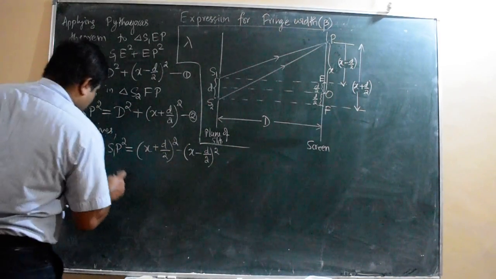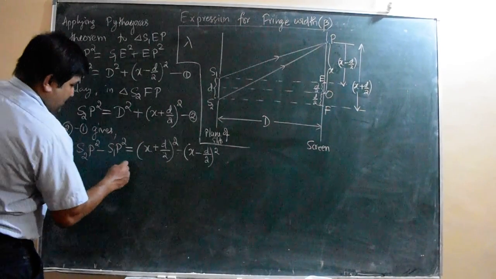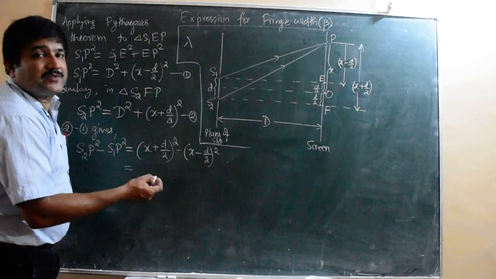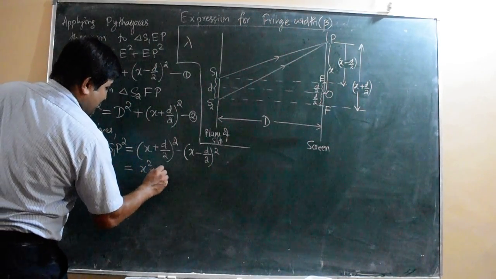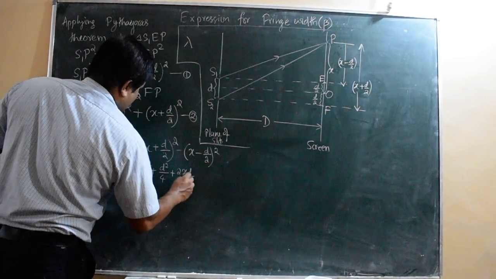Now we have to simplify this part. Can we expand this? We can use the a plus b whole square formula: x square plus d square by 4 plus 2x into d by 2.